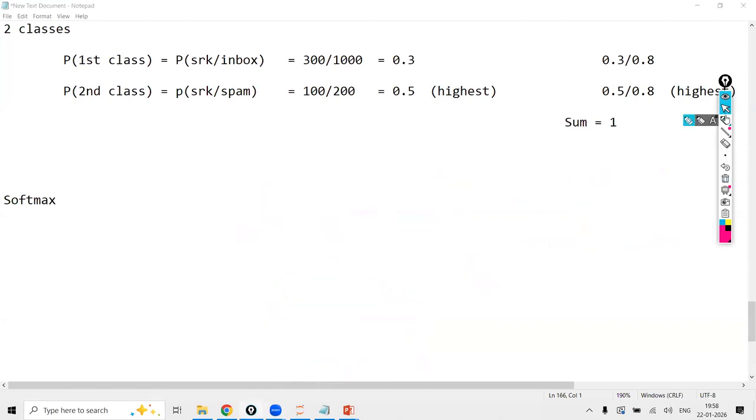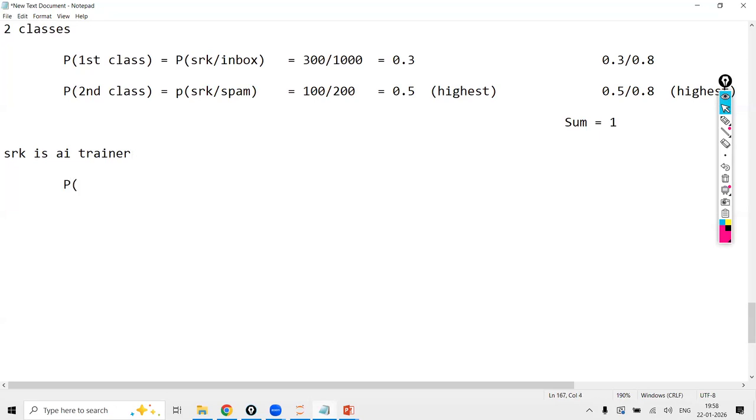Now, sir, for example, there is a sentence. SRK is a word. For example, I have the sentence: SRK is an AI trainer. Now, how are we going to calculate this sentence? Very simple.